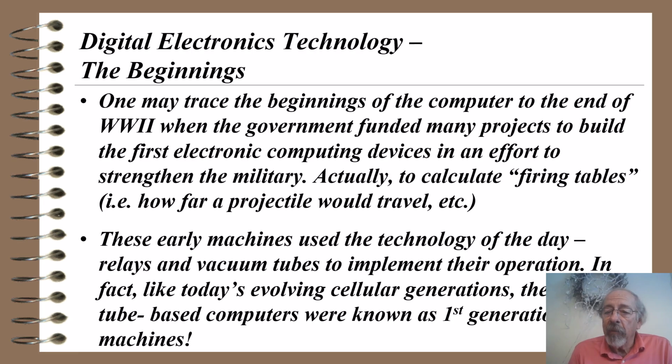Going back to the firing tables, if you think about it, there were a lot of naval vessels, destroyers and so forth, that had these large, huge guns on board, and they could launch projectiles 20 miles.